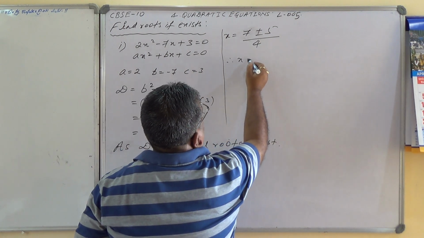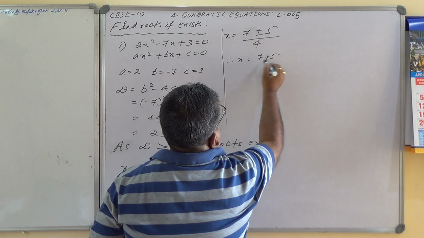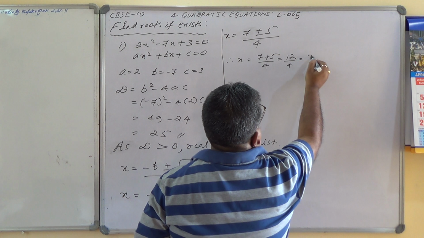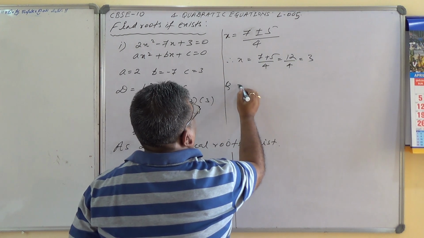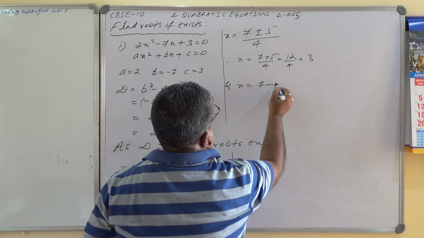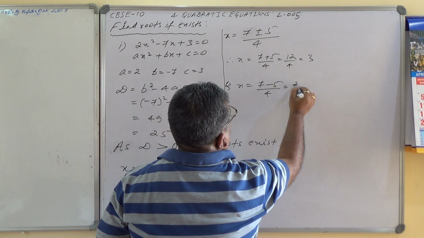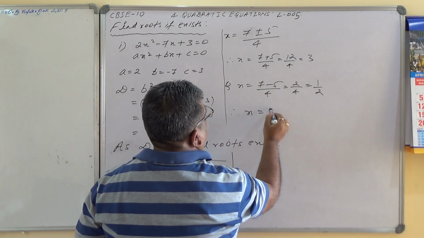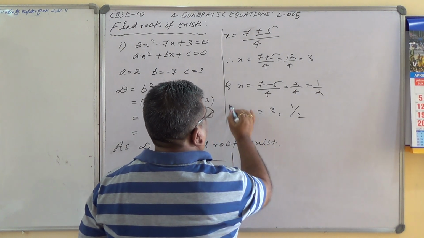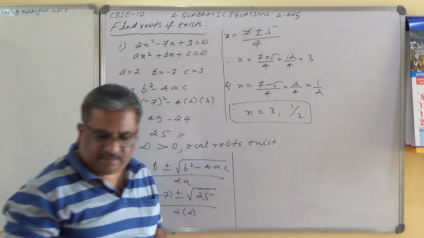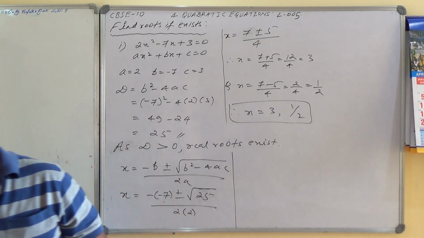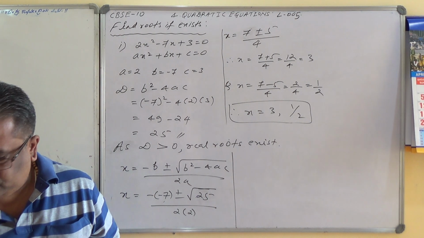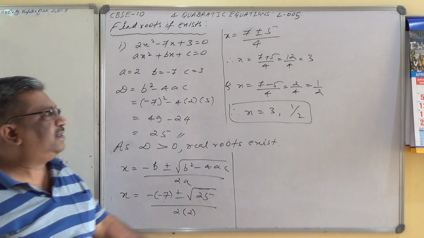Therefore, x equals (7 plus 5) by 4, which is 12 by 4, which equals 3, and x equals (7 minus 5) by 4, which equals 2 by 4, which equals 1 by 2. Therefore, x equals 3 comma 1 by 2 are the roots. Let me check the answer. Yes, half and 3. X equals 3 and half.